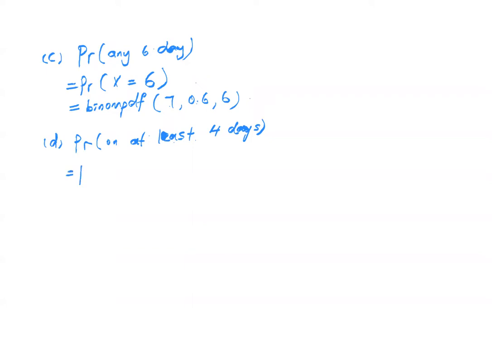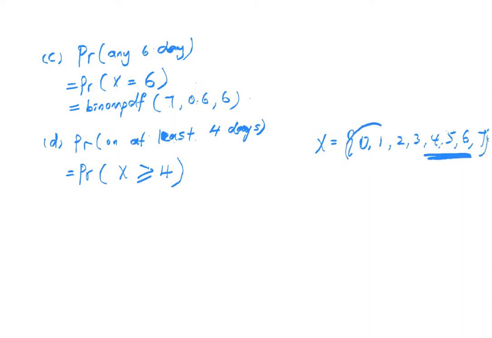So you write it as an inequality: X must be greater than or equal to 4. So my X is 1, 0, 1, 2, 3, 4, 5, 6, 7. I purposely list them down this time, so I want all these.